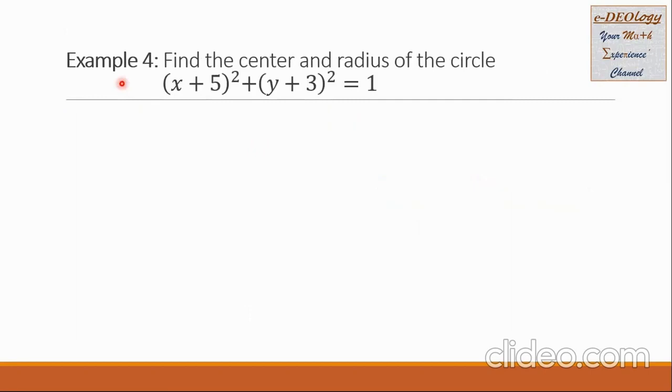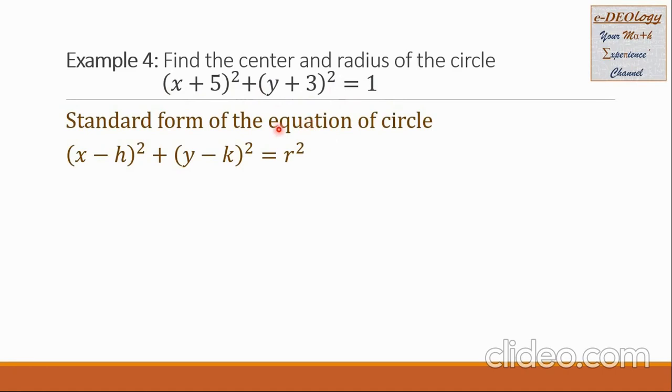Let us have example 4. Find the center and radius of the circle (x plus 5) quantity squared plus (y plus 3), it is also squared, equals 1. We have here the standard form of the equation of the circle.